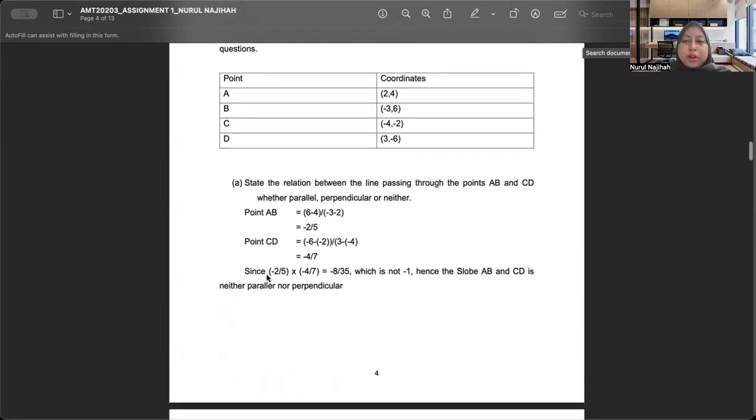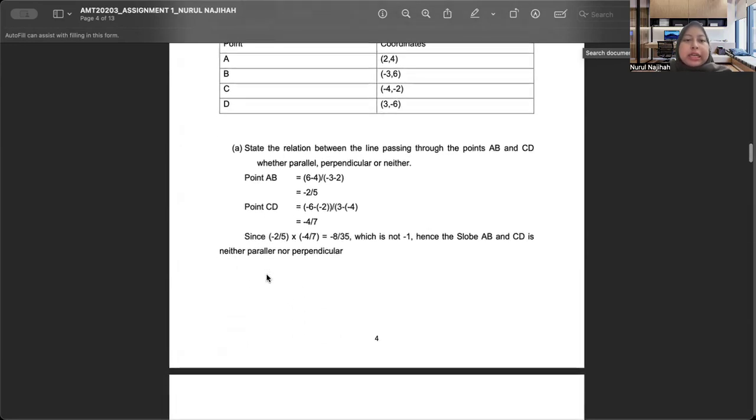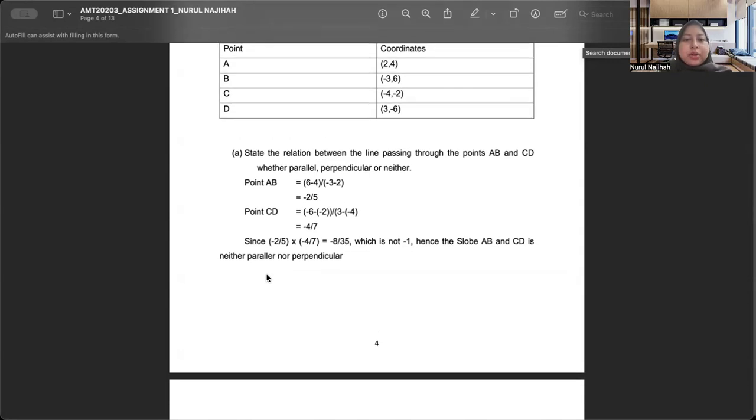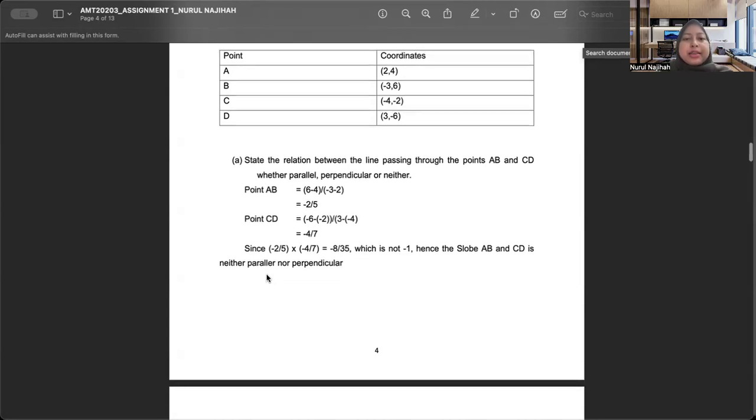So let's move on to question A. State the relation between the lines passing through points A, B and C, D, whether parallel, perpendicular, or neither. So based on the calculation formula, y2 minus y1 divided by x2 minus x1, that's where we get the slope, which is -2/5.